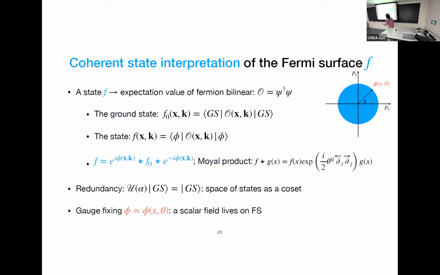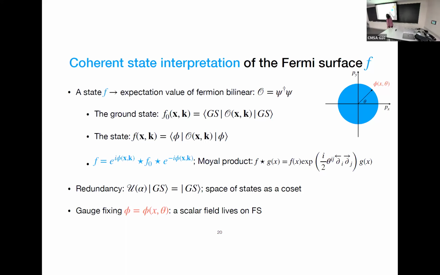So we have been using this coherent state approach and saying that the semi-classical limit goes back to the coadjoint orbit description. But let us jump back to the coherent state interpretation of these Fermi surfaces. So what is a state? The state is the expectation value of this fermion bilinear.